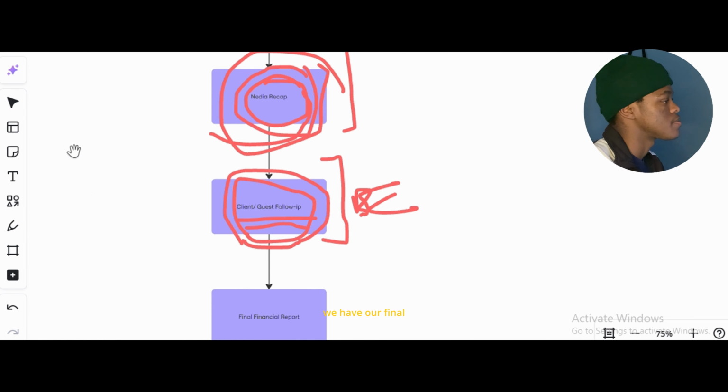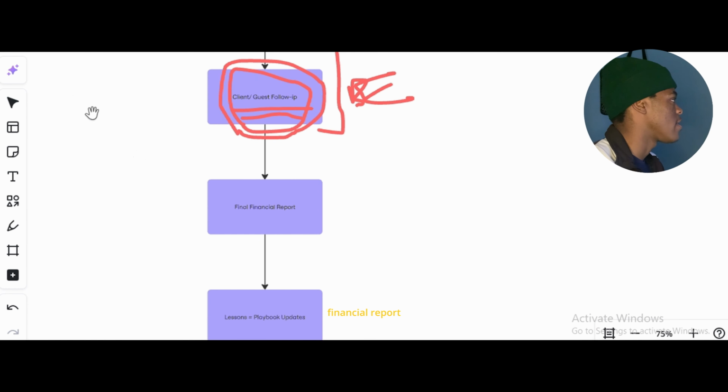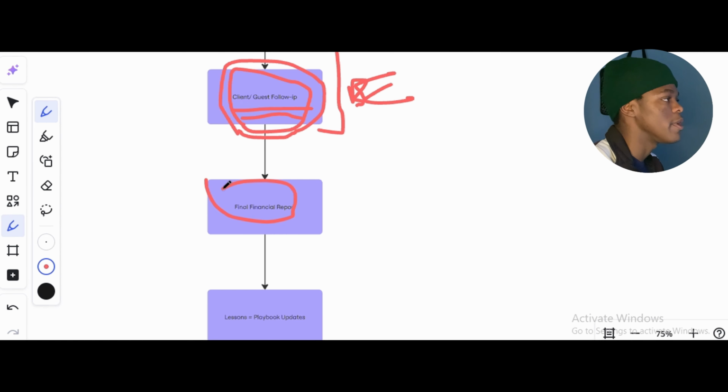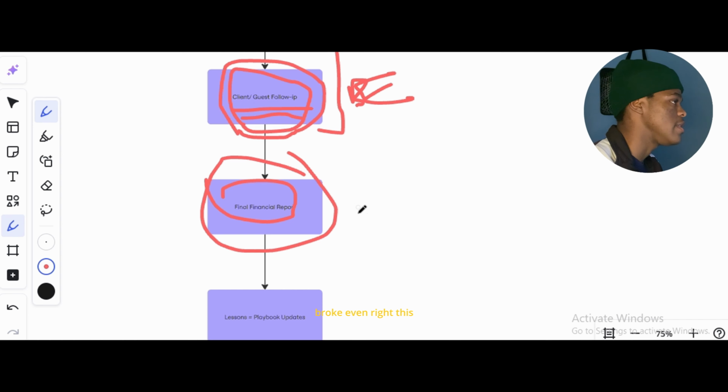Following that, we have our final financial report, right? This is where we get to see whether or not we actually made profits or we made a loss. We go through this process whereby our accountant actually handles this and tells us the amount we spent was good, we made a specific amount, or we broke even.